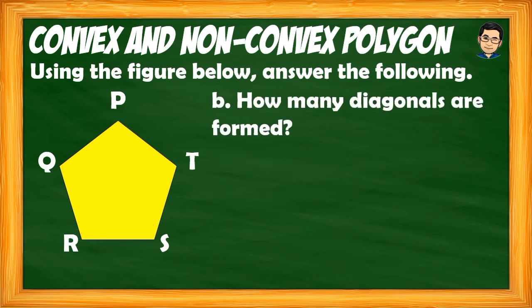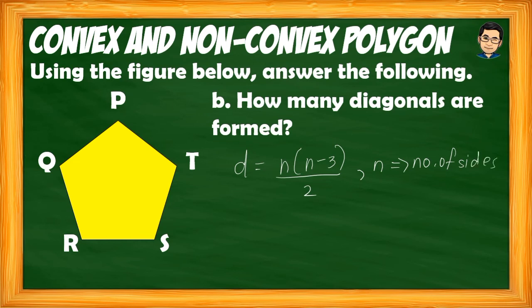So for letter B, how many diagonals are formed? Okay. So meron po tayong formula for diagonals in order to calculate for the number of diagonals. So we have D is equal to N times the quantity of N minus 3 all over 2, where N is the number of sides. So given the figure, it has 5 sides.